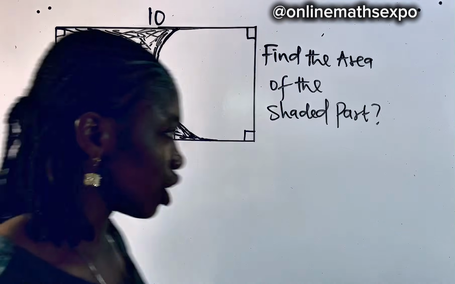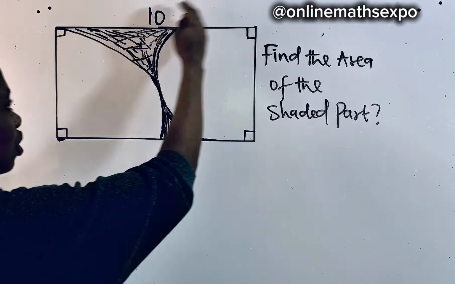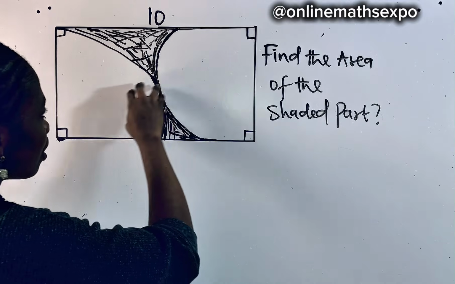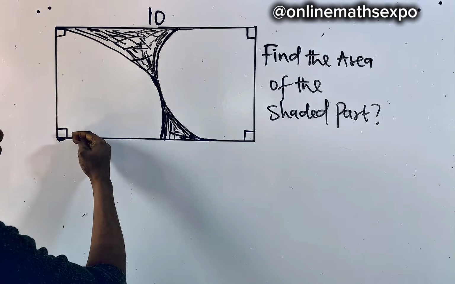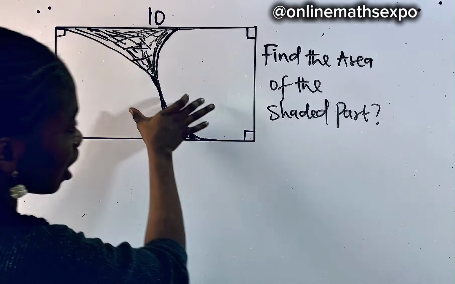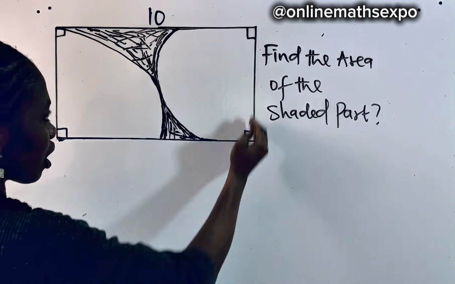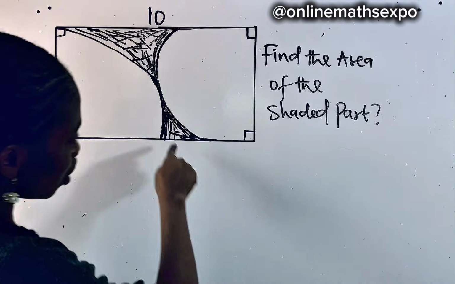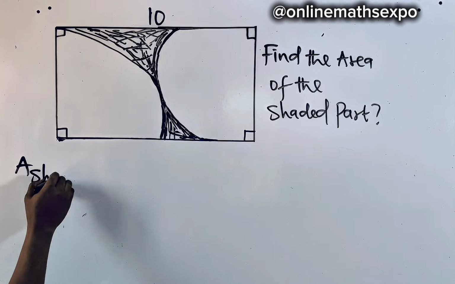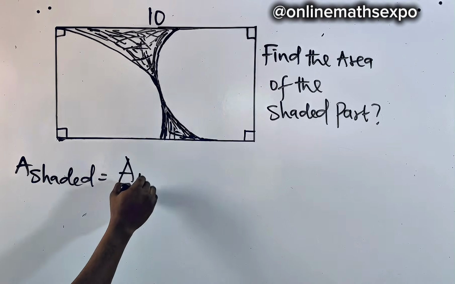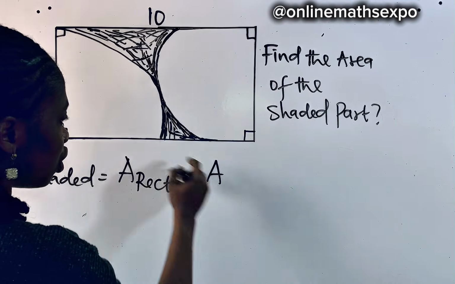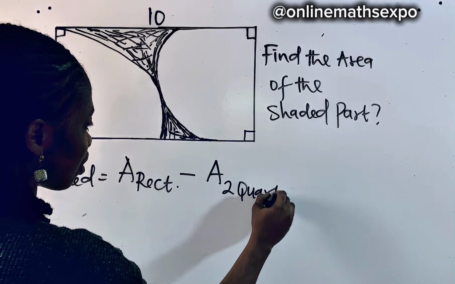So we need to get the area of the rectangle, then get the area of the two identical quarter circles, and subtract the area of these two from the big rectangle, and that gives you the area of the shaded part. So the area of the shaded part is going to be the area of the rectangle minus the area of the two identical quarter circles.